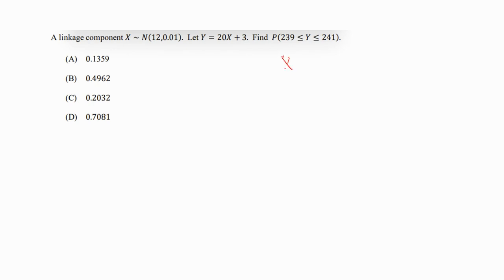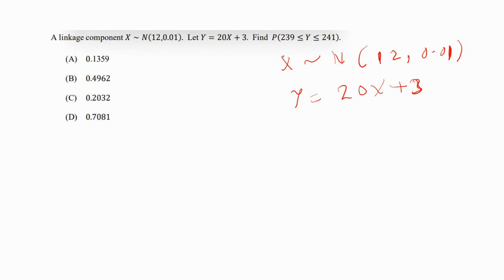We have x which follows a normal distribution 12 comma 0.01. And y is 20x plus 3. Now we want to find what distribution y is following.